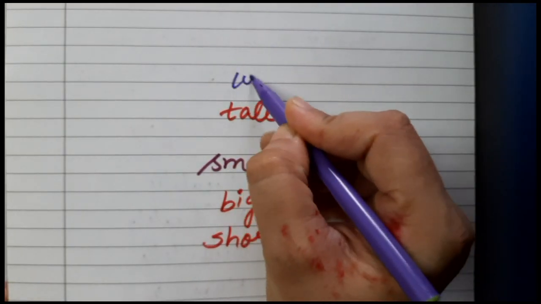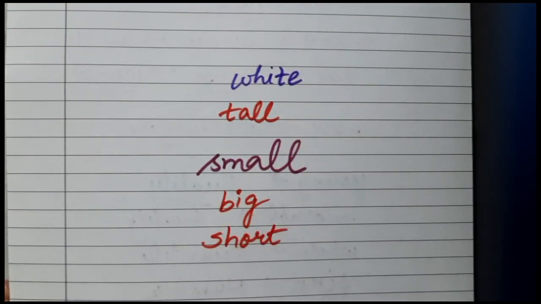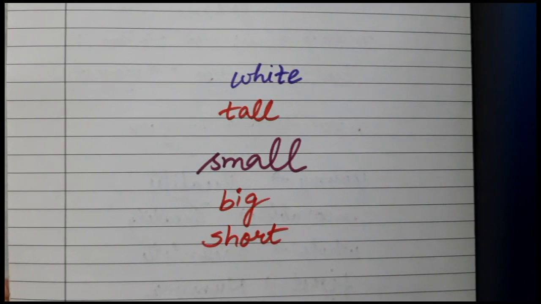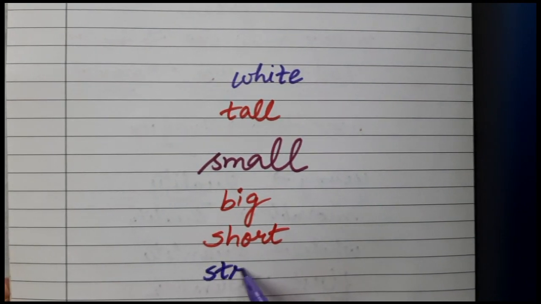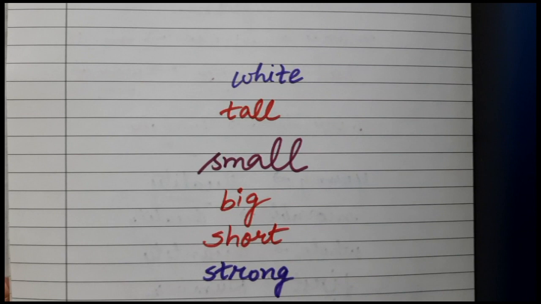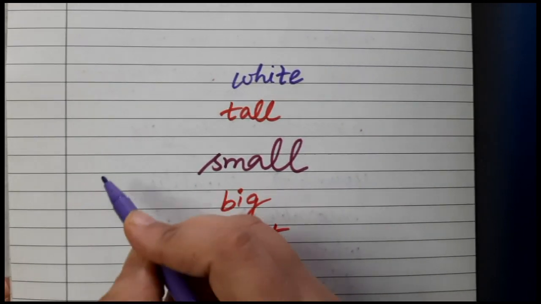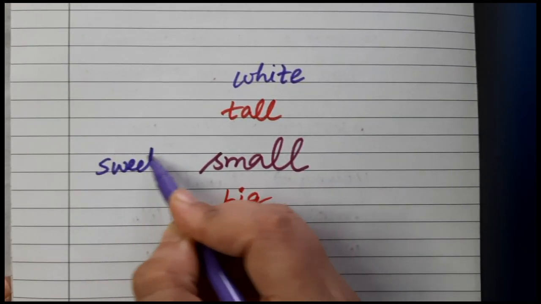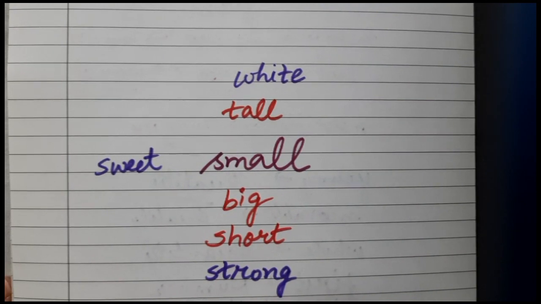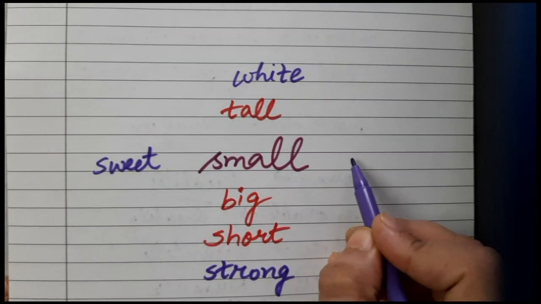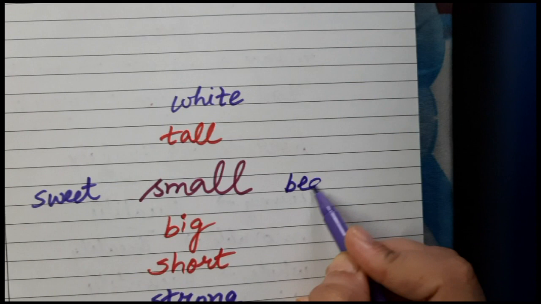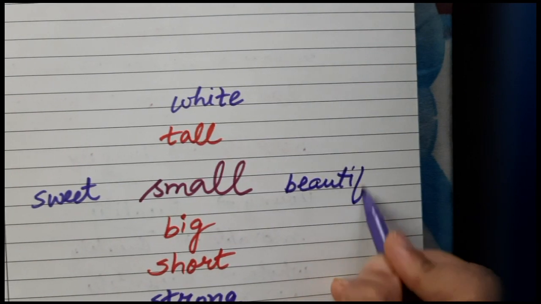Let us take white. White clouds, right? So white is an adjective. Let us take strong. Any other? Okay, how about sweet? All right. How about beautiful? That is also an adjective, isn't it?